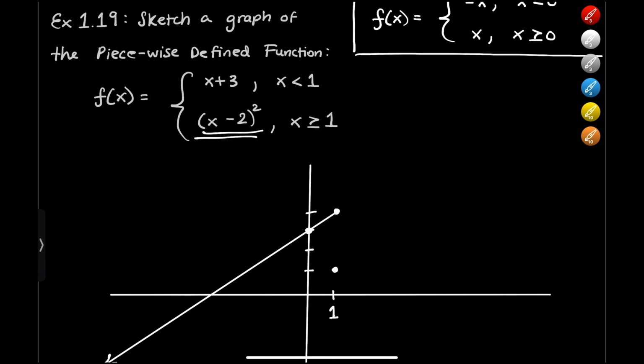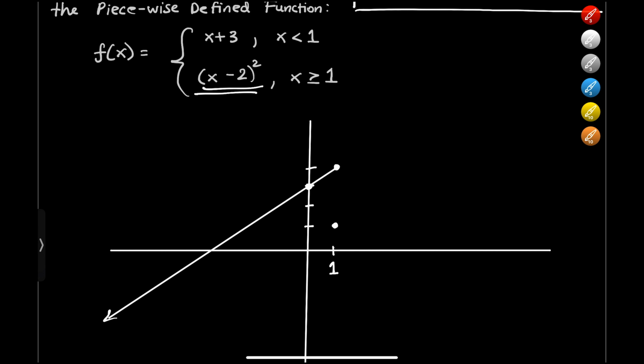And by the way, to draw this more accurately, because 1 is not included in the first part, there should be an open circle right over here. And this is a closed circle, because it's included with that equal sign.